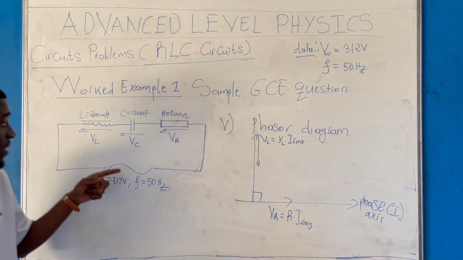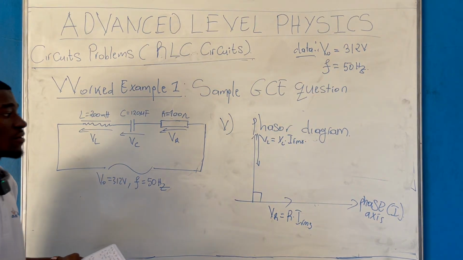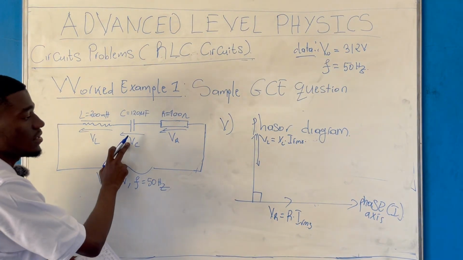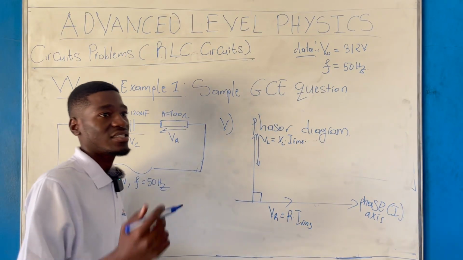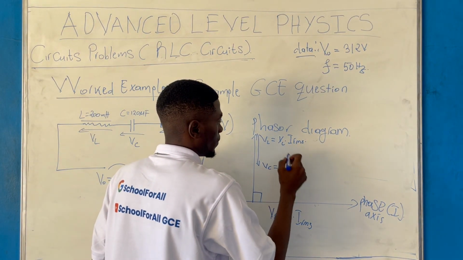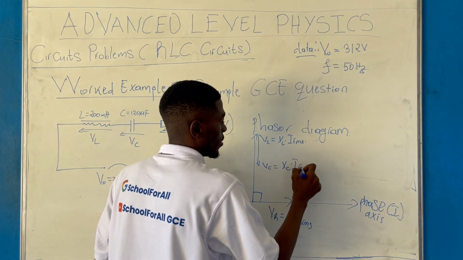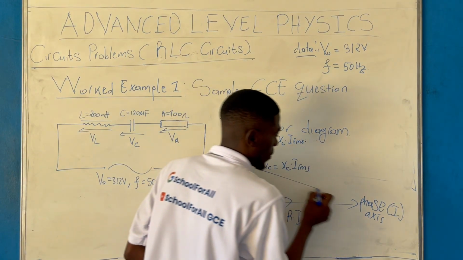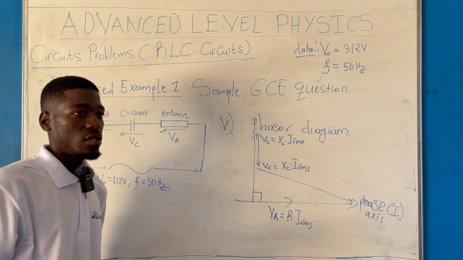We also know that the phase difference between VC and the current is negative 90 degrees, so I will go down. So VC equals XC times IRMS. So this is our resultant.